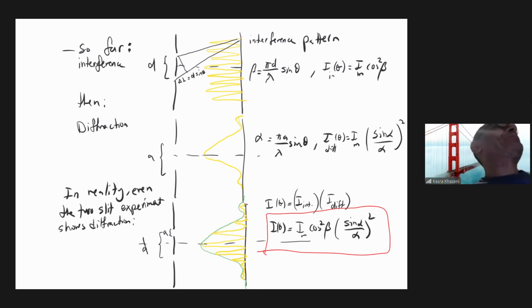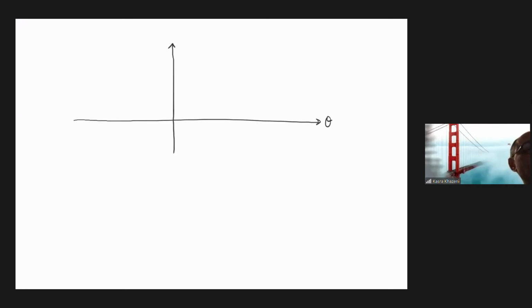All right. Now, you need to be careful with this. Because these two functions are multiplying each other, the first zero of the diffraction will suppress whatever's at that position due to the interference. Let me emphasize this, because I don't want this to be a source of confusion. So the envelope is this.